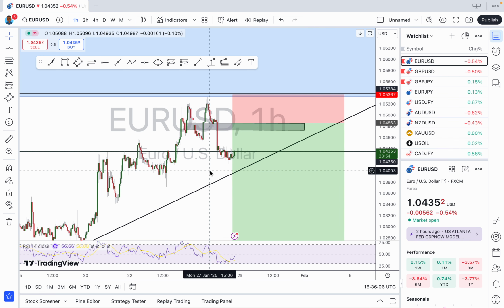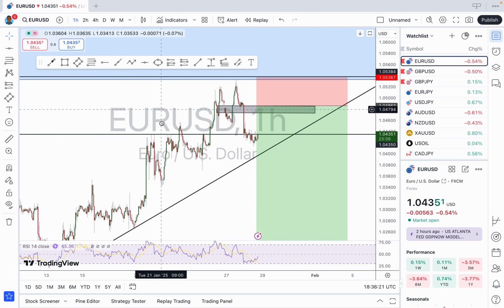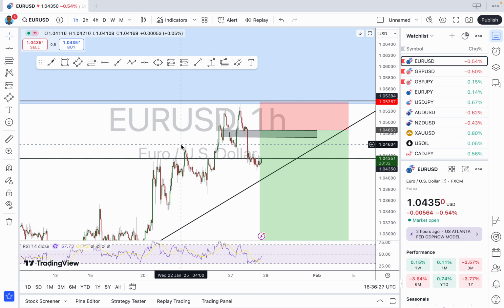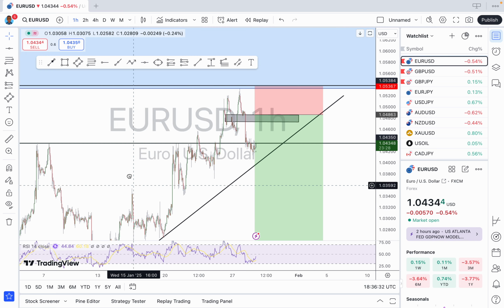Of course, I would update my journal with whatever I see, but I do believe that we are ripe for a sell, especially bouncing off the support. This is the weekly support, by the way, that we marked on the weekly, right? So yeah, this is my EU setup.